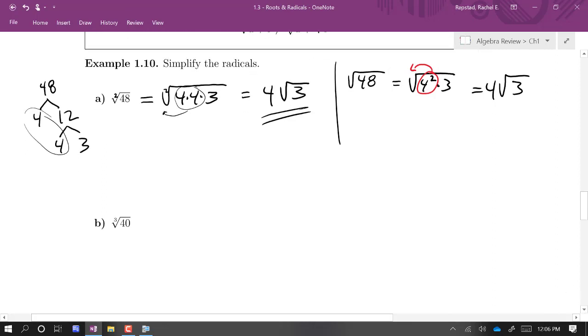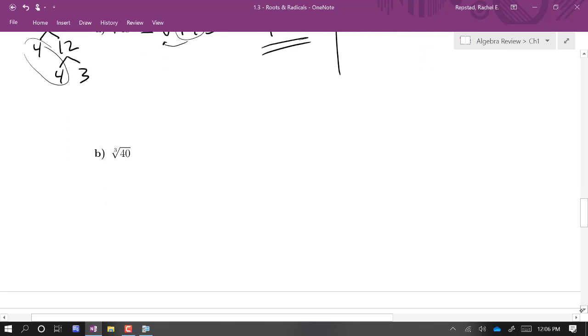In our next example, we have the cube root of 40. I'm paying special attention to the fact that this is a cube root, so that means I need 3 of the same factor in order to take one out. In other words, I'm looking for a perfect cube. 40 is 8 times 5, and 8 is 2 times 4, and 4 is 2 times 2.